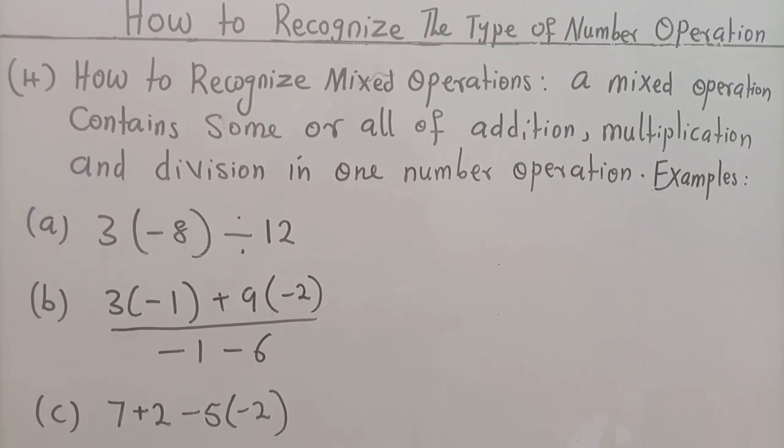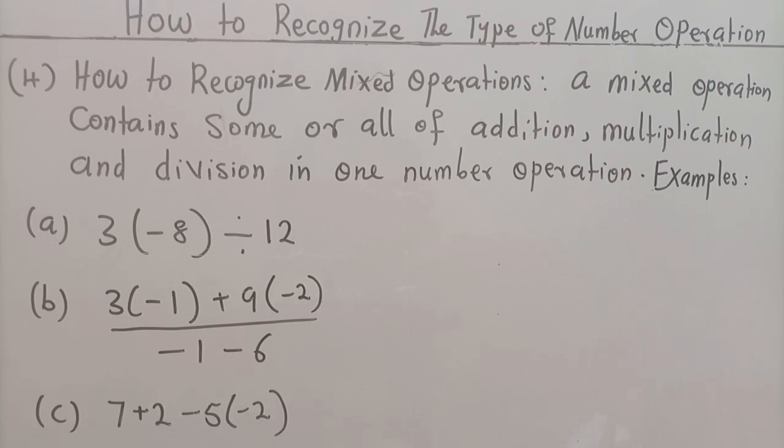These are just few out of several cases of mixed operations that we can have in real life. It is believed that you understood how to recognize types of number operations, how to know that a particular number operation is addition, multiplication, division, or mixed operation.